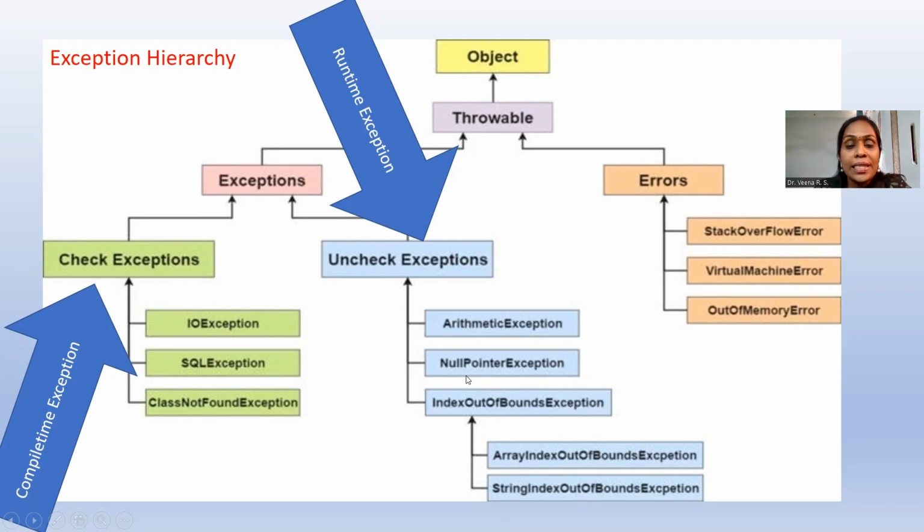These are all the classes which come under unchecked exceptions, which can occur only during runtime. And if you don't handle it explicitly, the system runtime will handle it in its own way, which will terminate the program abnormally. So without even terminating a program, we can still handle the exceptions.